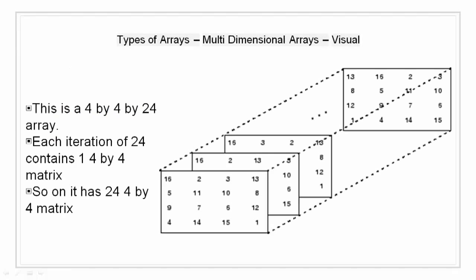It is actually quite difficult to explain multidimensional arrays without any proper visual aid, but here I will give it a try. The following image shows a 4 by 4 by 24 array. So it has 24 4 by 4 matrices in one single array. To access any element in this array, it would require a 3 number subscript.